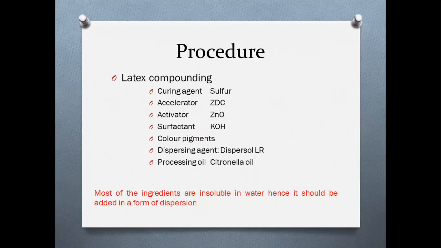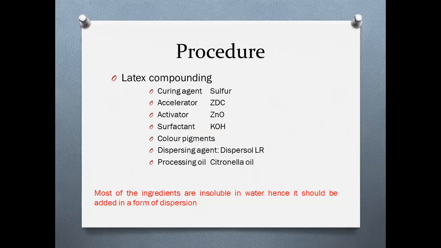And then the surfactant KOH, potassium hydroxide, that will ensure the proper emulsion there. And then you can add color pigments as you wish. If you want to prepare yellow color balloons, you have to add yellow color. Likewise, that is your preference.